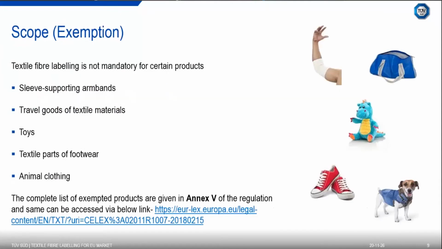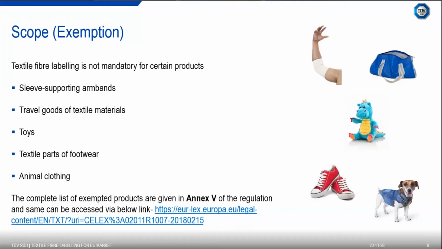Apart from that, certain textile products that are made of textile fibers are excluded from the regulation for fiber composition labeling, like sleeve supporting armbands, and travel goods of textile materials such as bags and luggage.